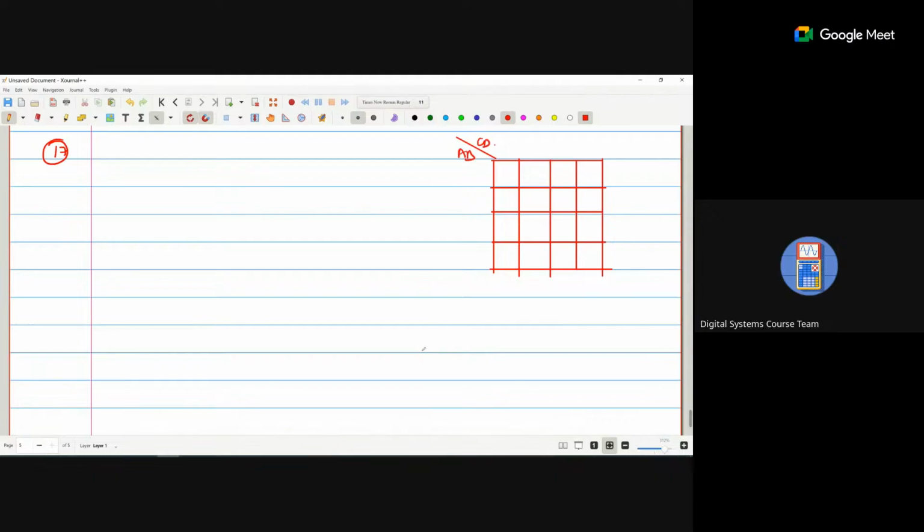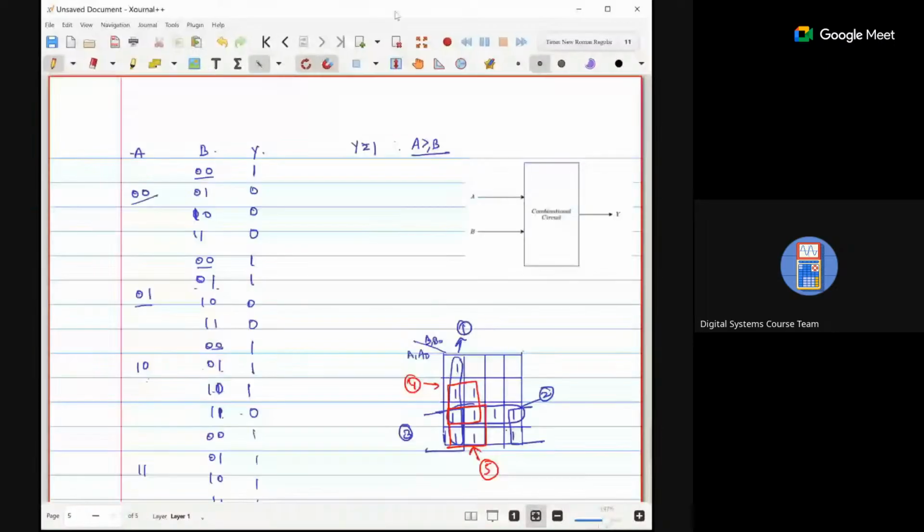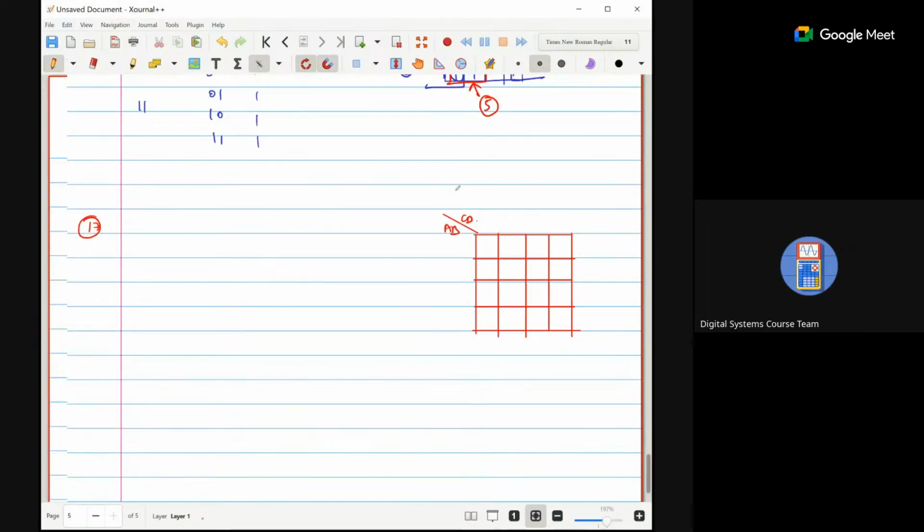A, B, C, D. The terms are 1, 4, 5, 8, 9, 11, and D is 0, 2, 10, 12 and 14.